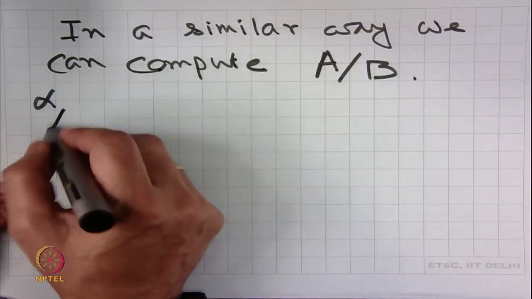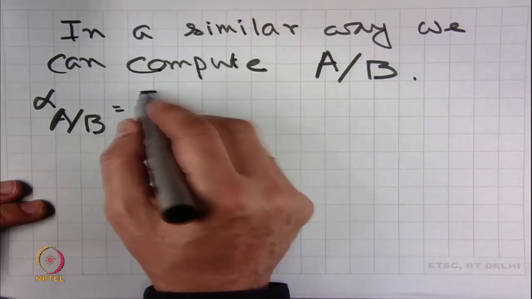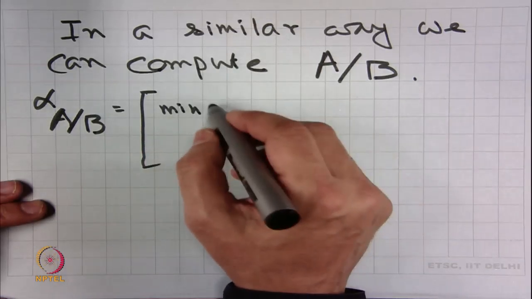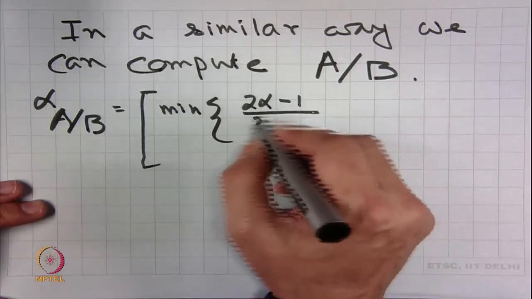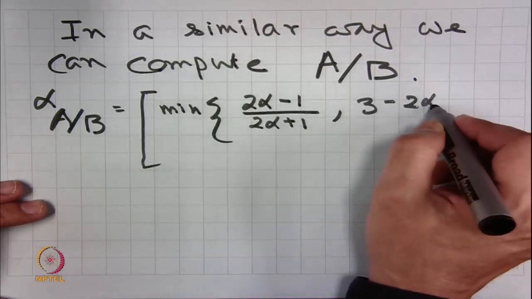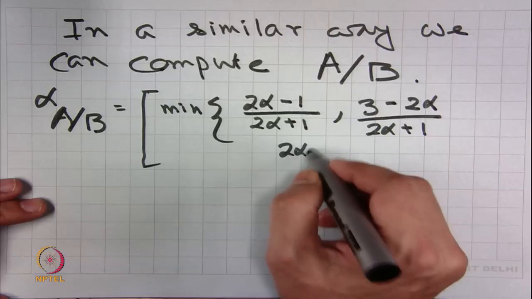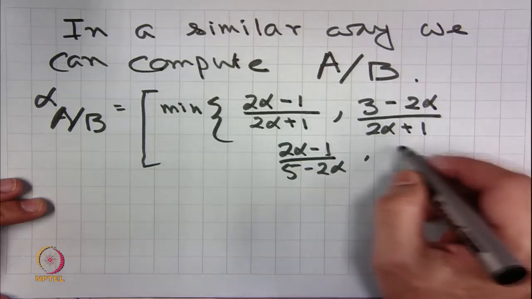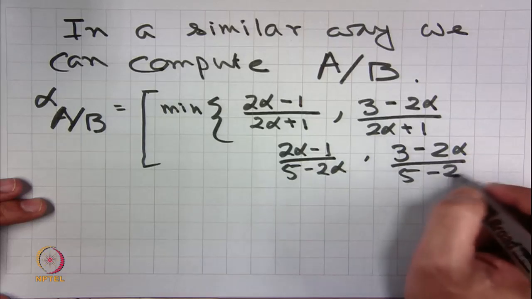So, alpha cut of A divided by B is equal to minimum of 2 alpha minus 1 upon 2 alpha plus 1, 3 minus 2 alpha upon 2 alpha plus 1, 2 alpha minus 1 upon 5 minus 2 alpha, and 3 minus 2 alpha upon 5 minus 2 alpha.